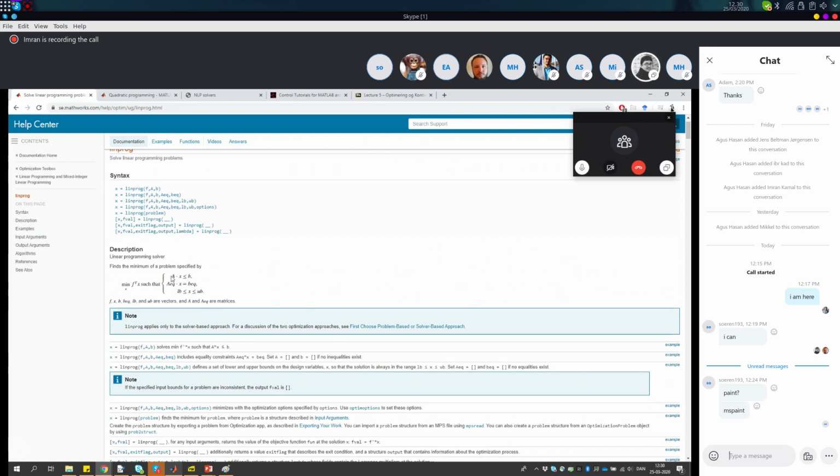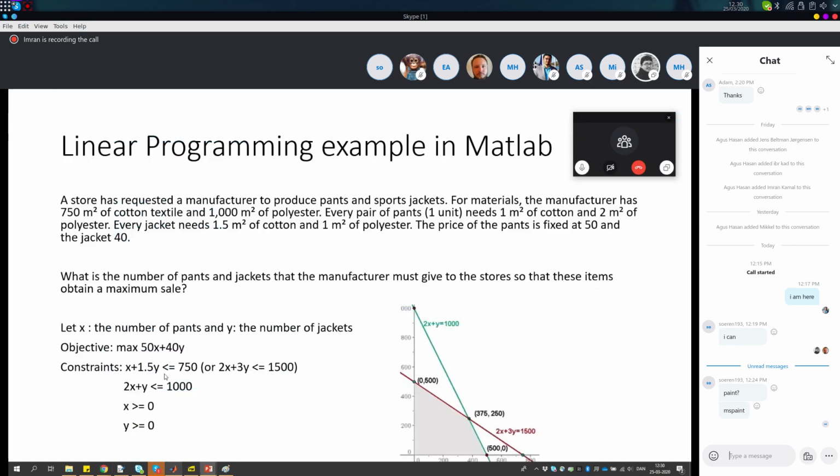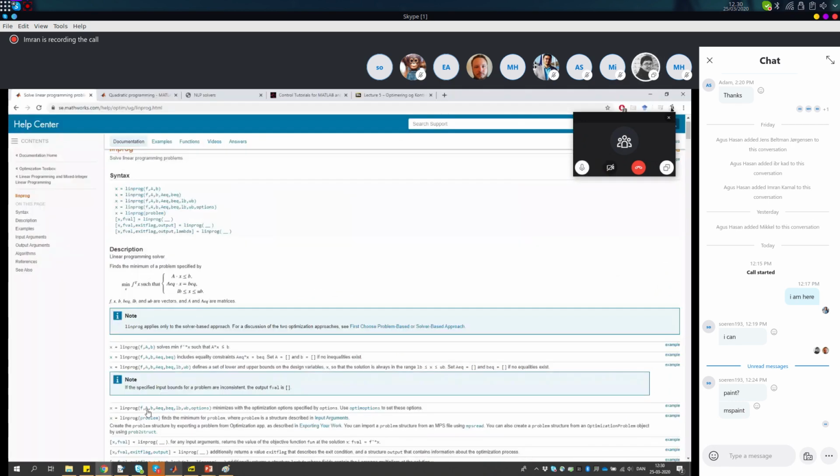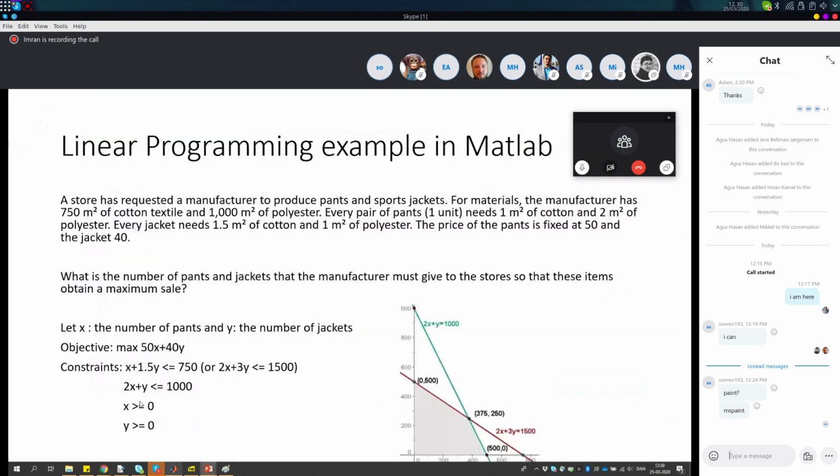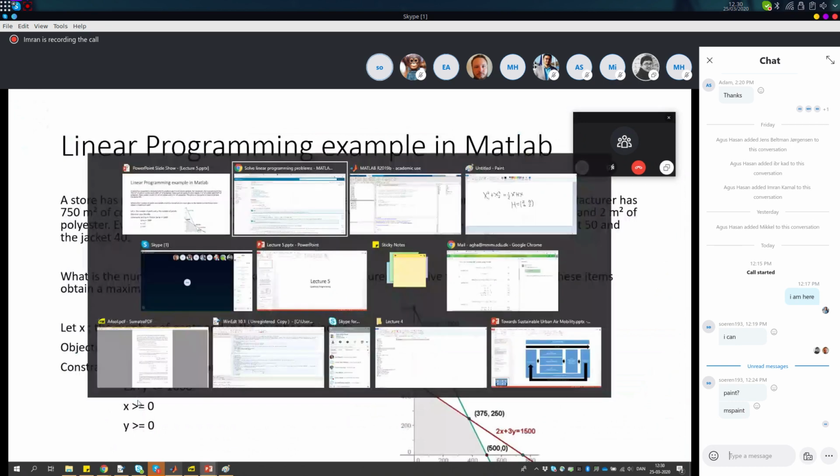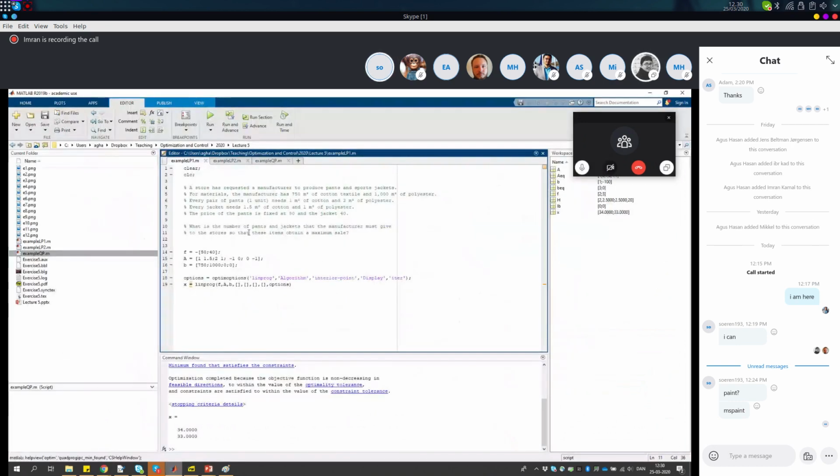Here you have the inequality constraint. So matrix A should be a matrix of 1, 1.5, 2, and 1. And then you can also define lower bound and upper bound; I can show you how you do it.